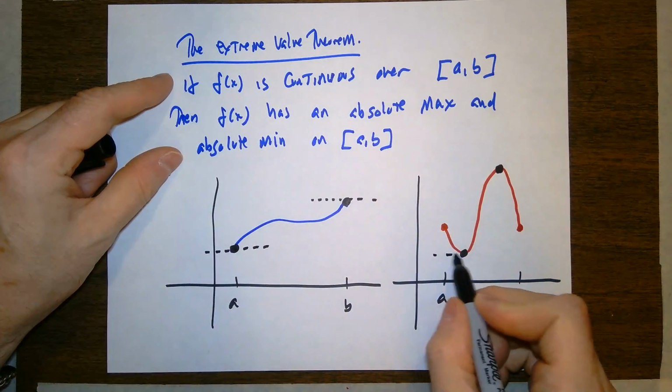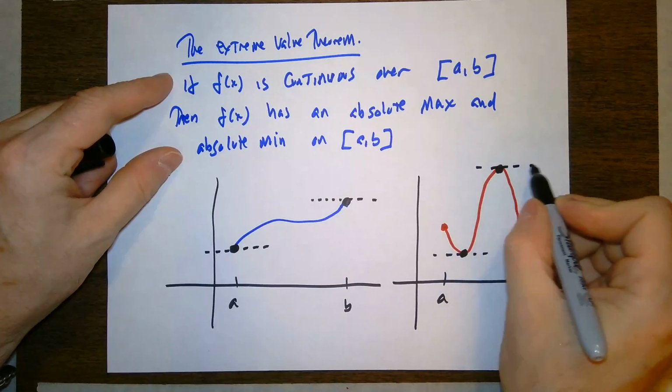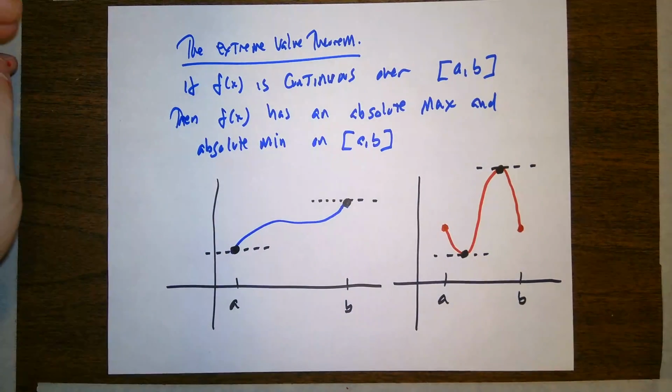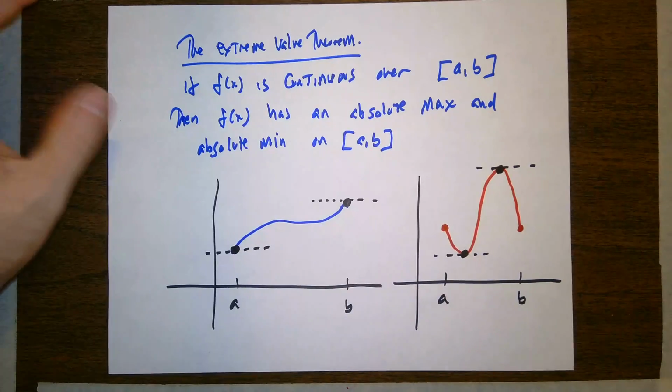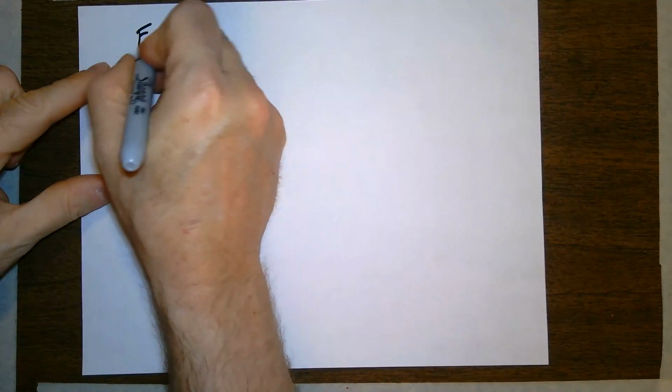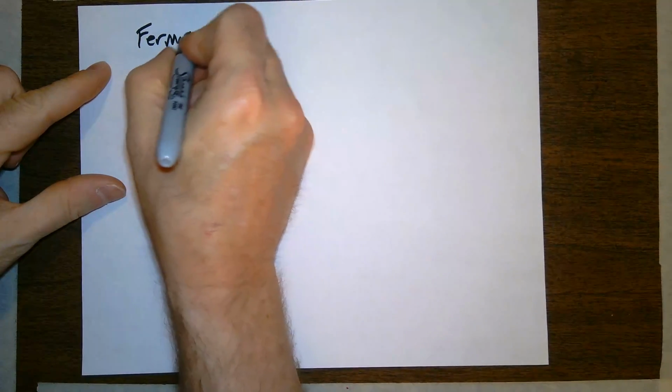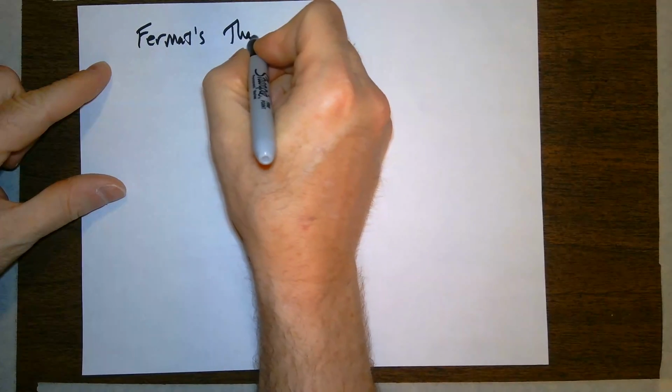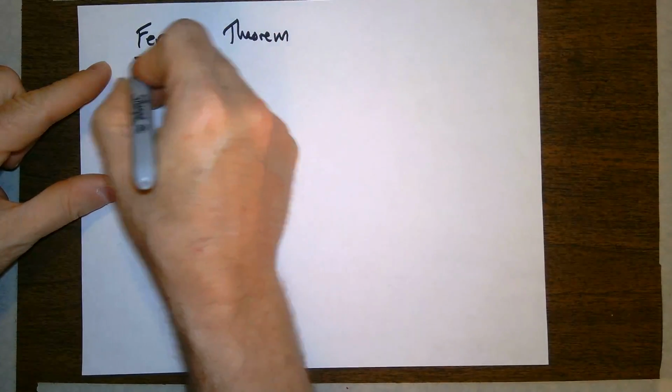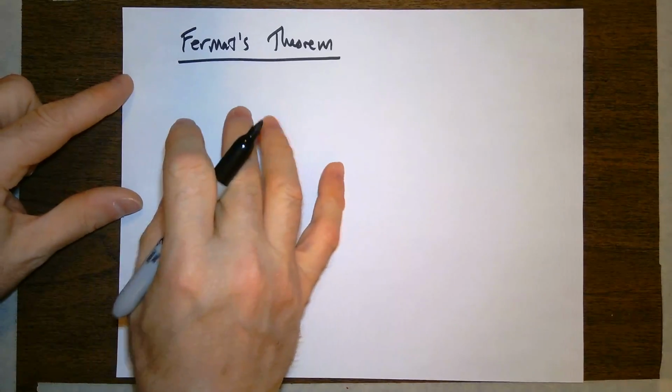What do I know about the slope of the tangent line at those points? Yeah, that's the key. That's Fermat's theorem. Yes, this is the same Fermat.